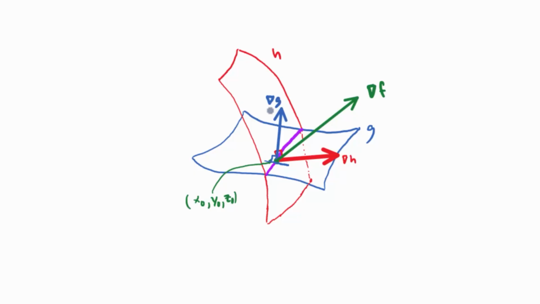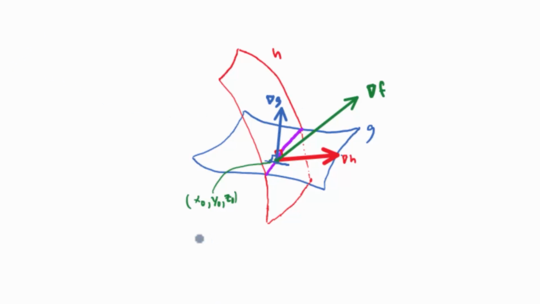Okay. So three vectors that lie in the same plane, well, using the triangle law, you could then create a scalar multiple of del G and a scalar multiple of del H such that del F is the sum of those two scalar multiples.